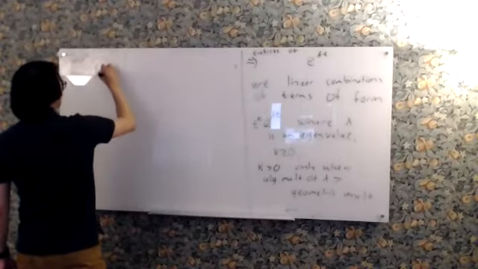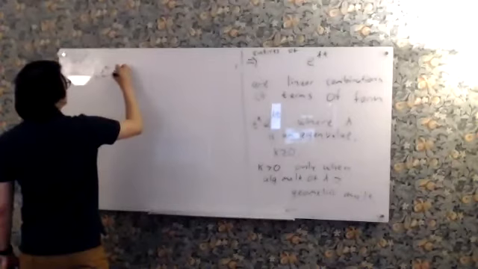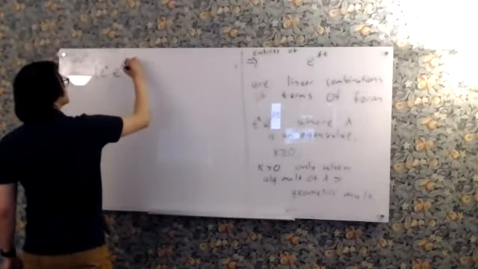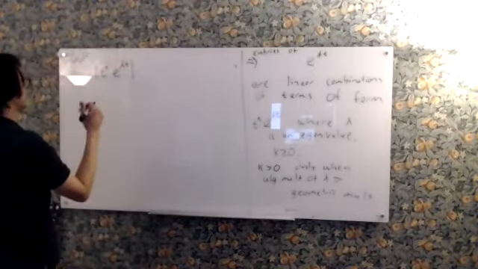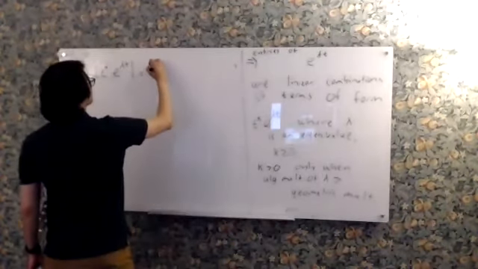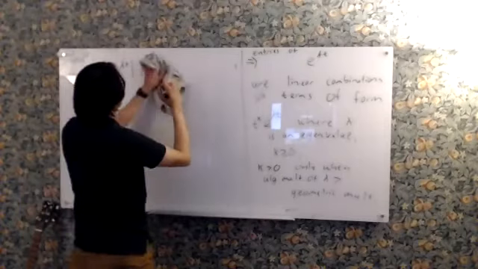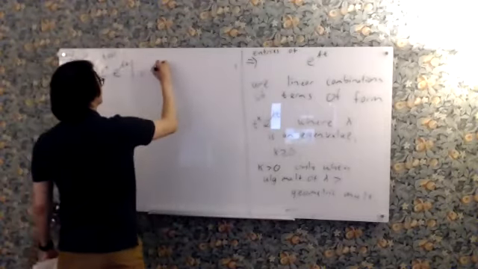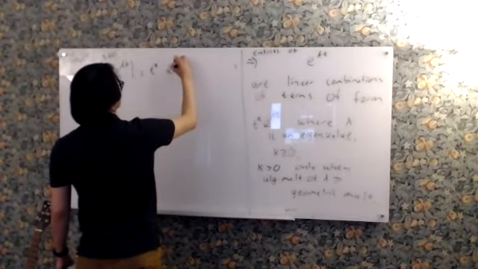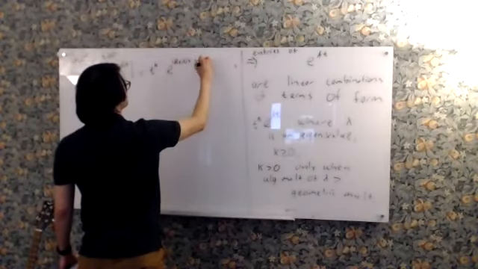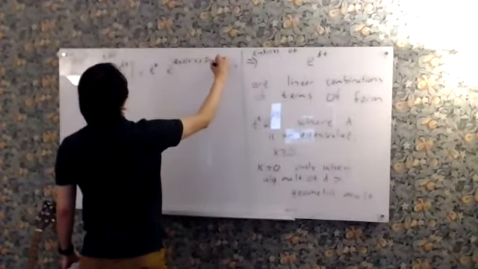Before we move on, I just want to make an aside here. If we look at the magnitude of t to the k, e to the lambda t, for t greater than or equal to 0, I can pull off a t to the k, and then it's e to the real part of lambda t plus j times the imaginary part of lambda.